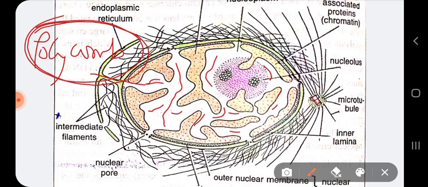And that is carried out by the polycomb bodies, which act in complex with other proteins, ultimately helping in the regulation of gene expression. Okay, so this was about the nucleoplasm.